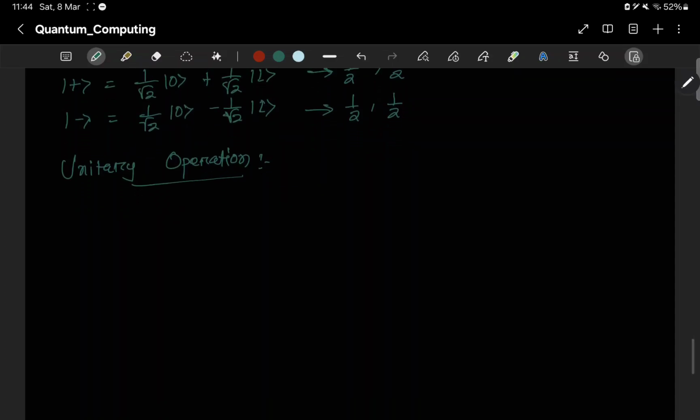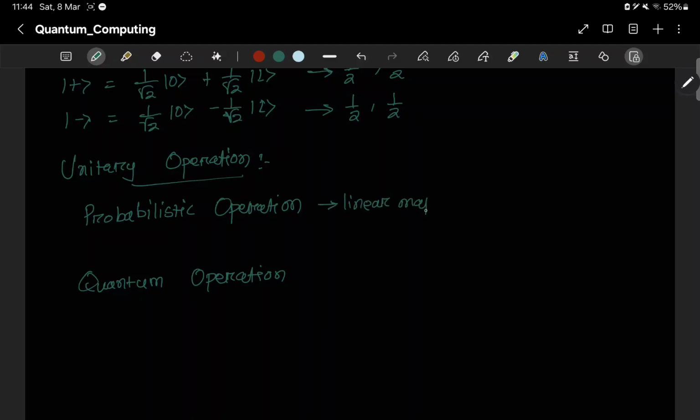When we discuss unitary operations, let's compare both probabilistic operations and quantum operations. Both of them are linear mappings. This is a linear mapping between input and output, and this is also a linear mapping between input and output.